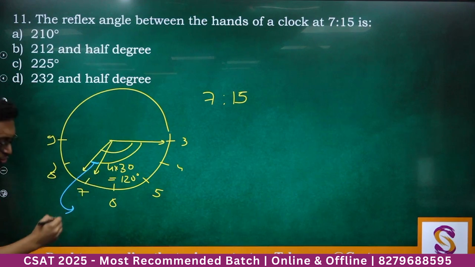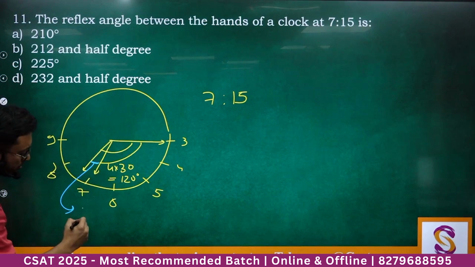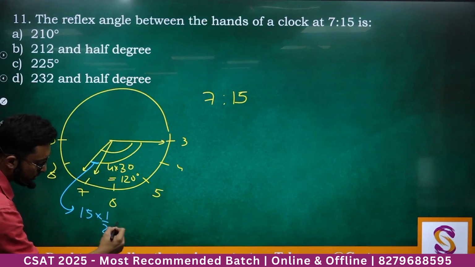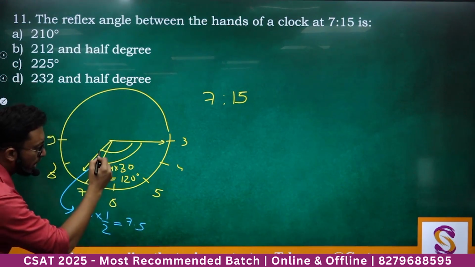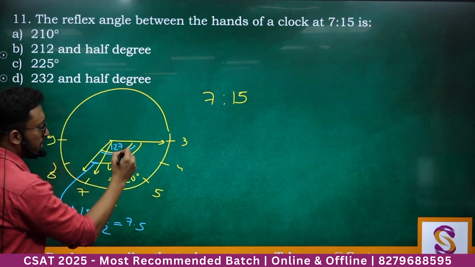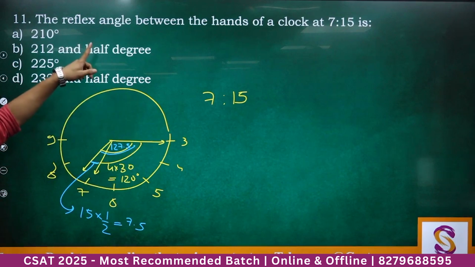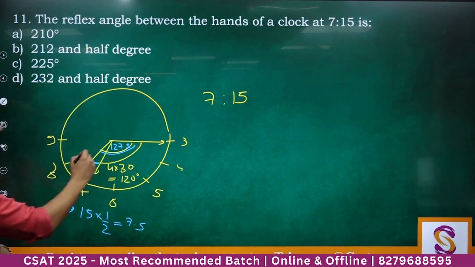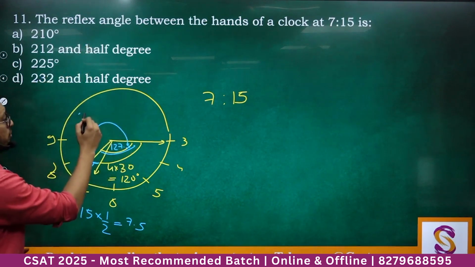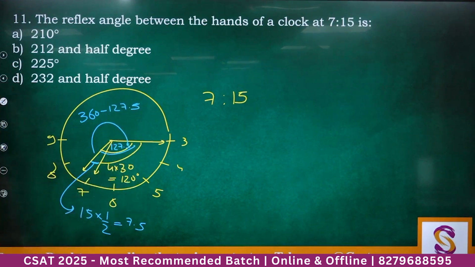So this angle should be the angle that the hour hand rotates in 15 minutes. How much in 15 minutes? 15 into half, that is 7.5. So this whole angle will be 120 plus 7.5, that is 127.5. This is the angle between these two hands, but we are asked the reflex angle. What will the reflex angle be? This. So 360 minus 127.5. You will get the answer.